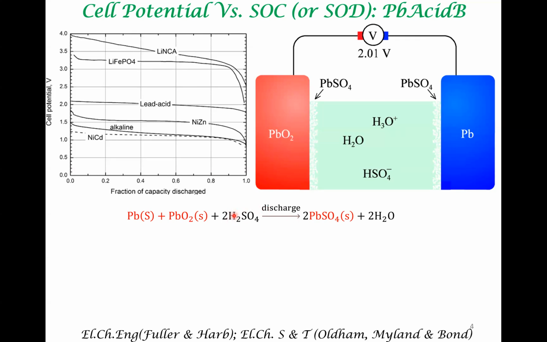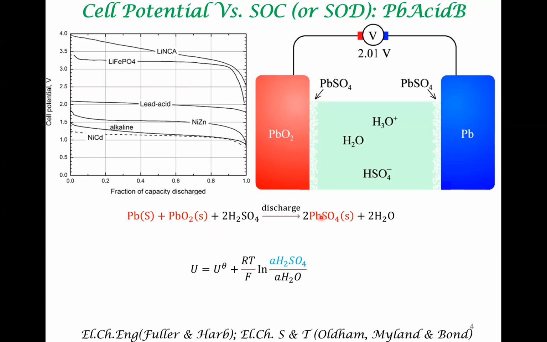This is not indicative of the half cell reaction. This has certain advantages when you think through the thermodynamics, because lead and lead dioxide are the active material, the reactants in this reaction, and the product, lead sulfate, is also a solid. When you represent the potential of a battery in terms of activity of the relevant components, the convention is that the activity of a solid is taken as unity.